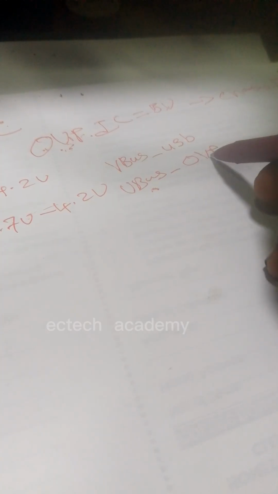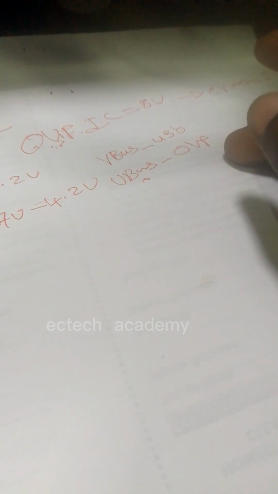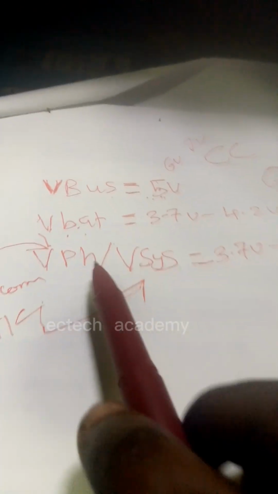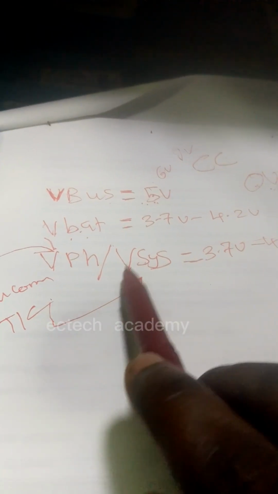The OVP has scanned it and testified it. So because it has passed through another process, the signal either gets another name or the signal name changes. That's exactly what happened to this VPH and VSYS.